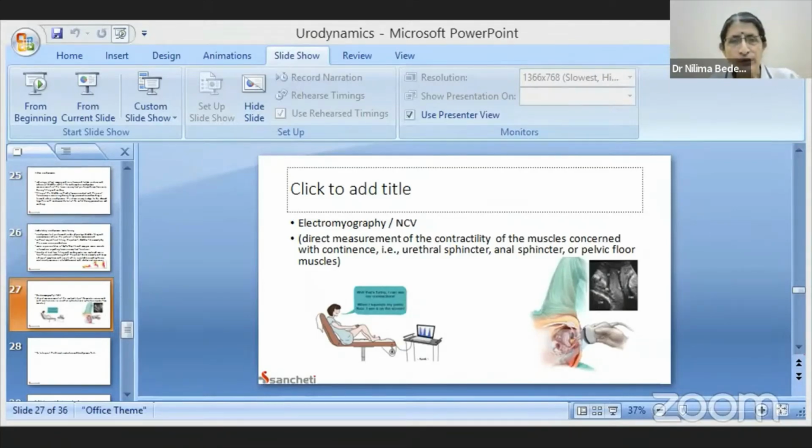Before this, just for a quick revision, whenever we are talking about urodynamics, we are talking about the continence mechanism. It all depends on how much fluid intake there is. Normally, on average, 1 to 2.5 liters in 24 hours.